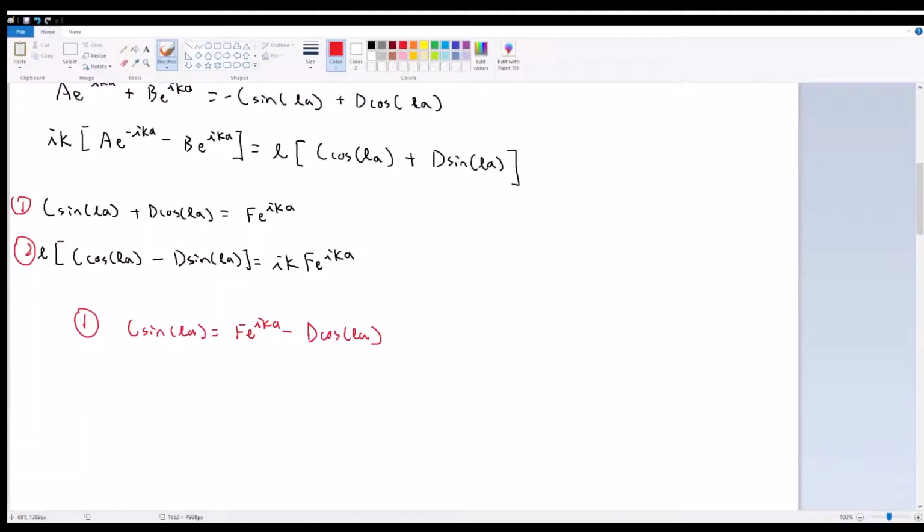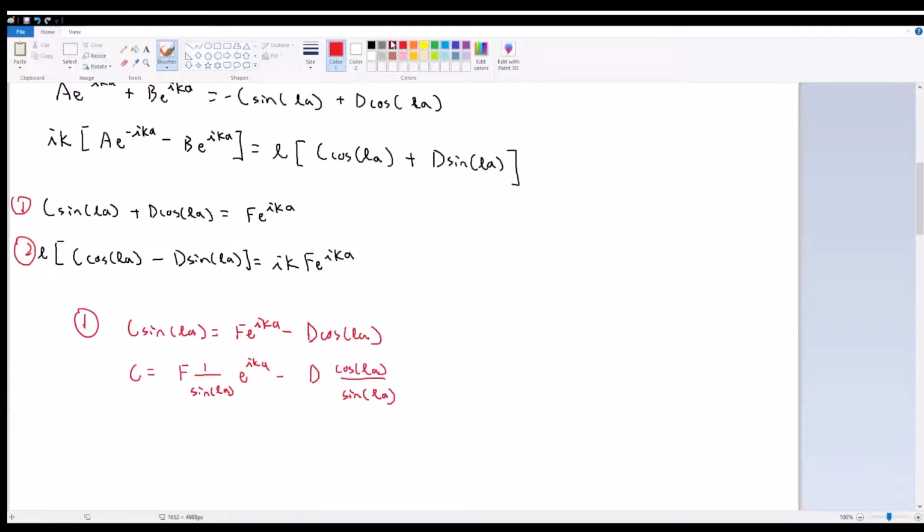From that point, I can then say C is equal to 1 over sine la times F e to the ika, subtracted by D times cosine la over sine la.